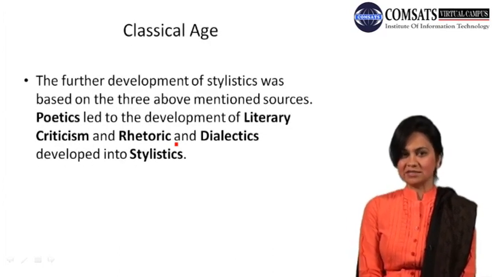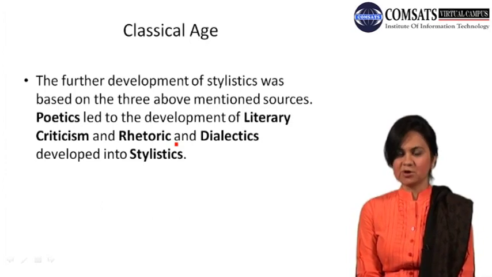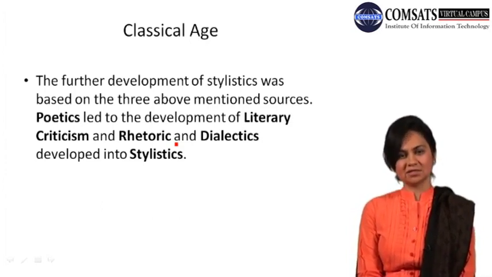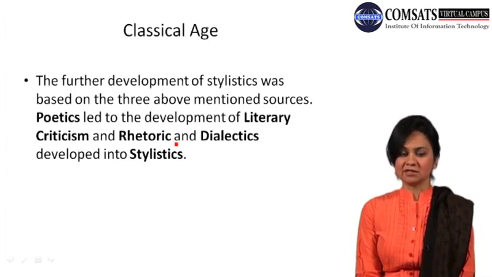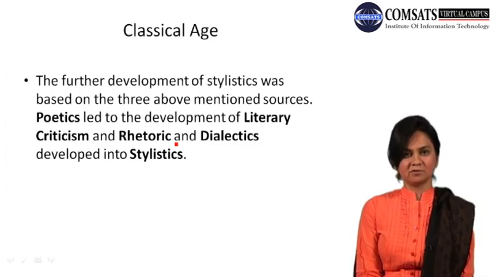Now that we look at stylistics as a modern development for the understanding of literary styles, we see that stylistics has taken a lot from the three disciplines prevalent in the classical age in the form of rhetoric, poetics and dialectics. So, the further development of stylistics was based on these three sources.